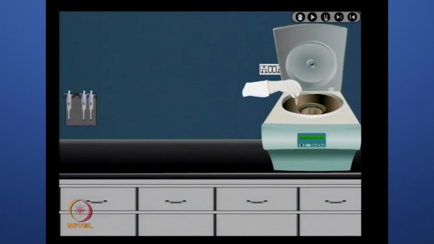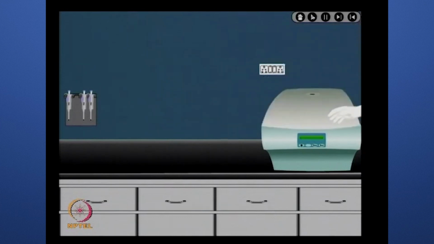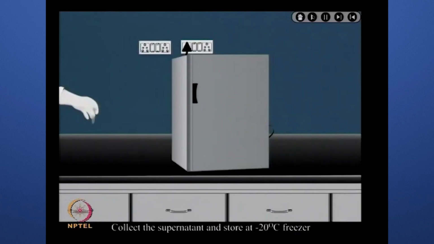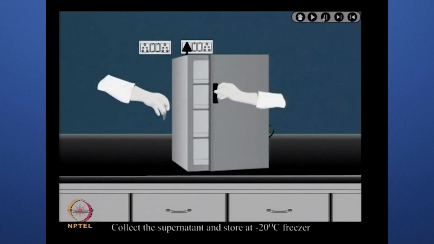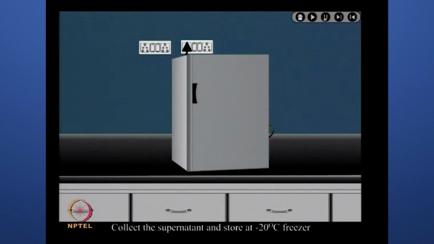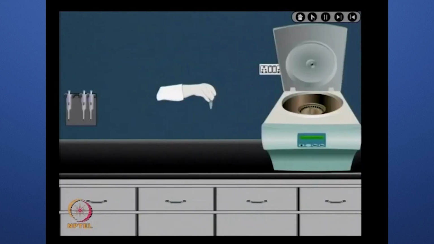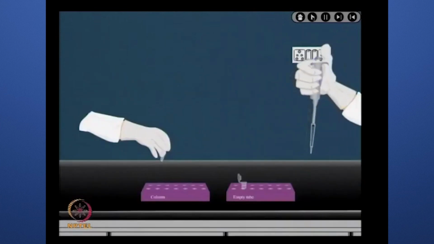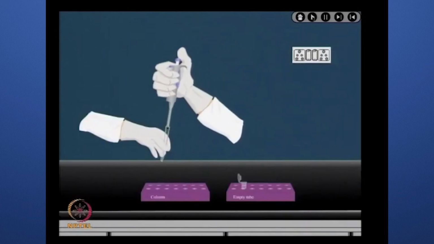The depleted serum is mixed with ice cold acetone containing 10% TCA, and after vortexing, the mixture is incubated at minus 20 degrees for protein precipitation, followed by centrifugation. After incubation, the tubes can be centrifuged at 12,000 rpm for 15 minutes at 4 degrees.